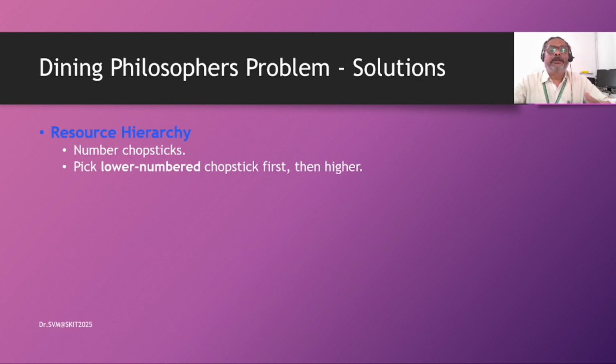So let's look at it again from the beginning. Philosophers are named round, counterclockwise, as 1, 2, 3, 4, 5.